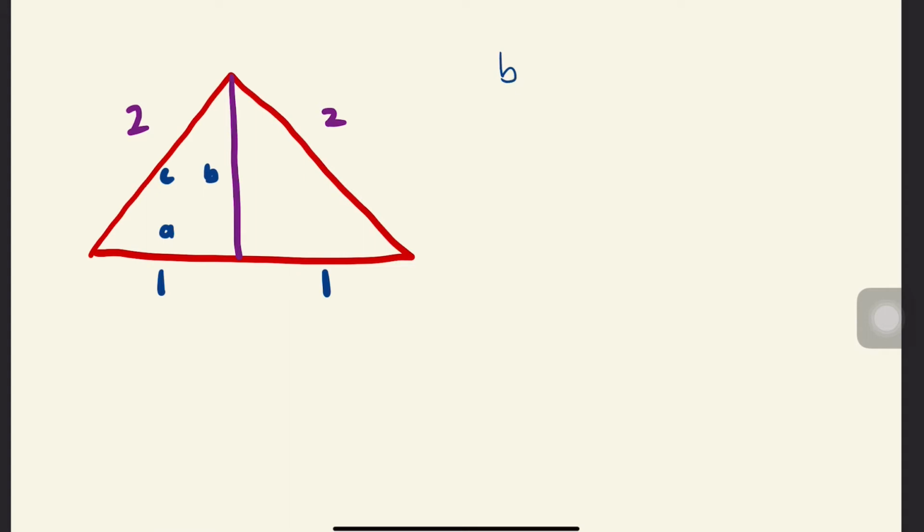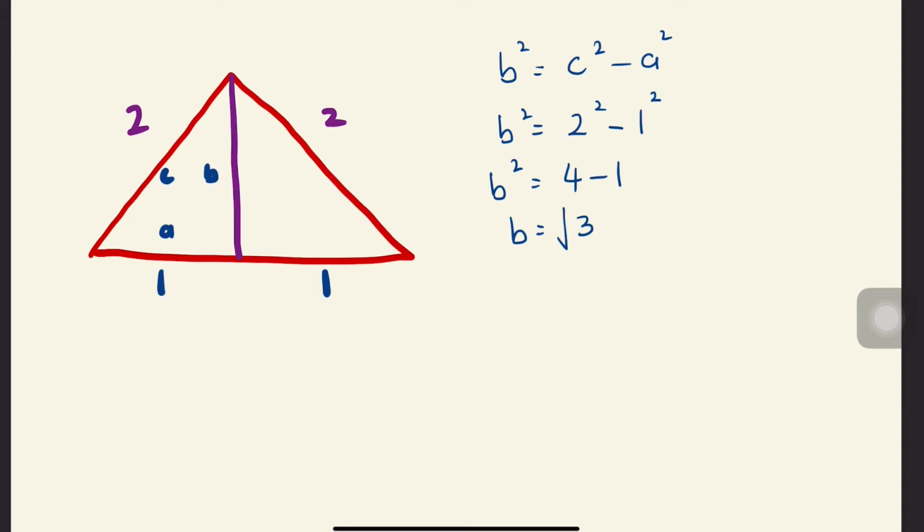B square is equals to C square minus A square. So B square is equals to 2 square minus 1 square. 2 square is 4, 4 minus 1, B square is 3. So B is equals to square root of 3. Sebab tu kita dapat tinggi sini square root of 3.